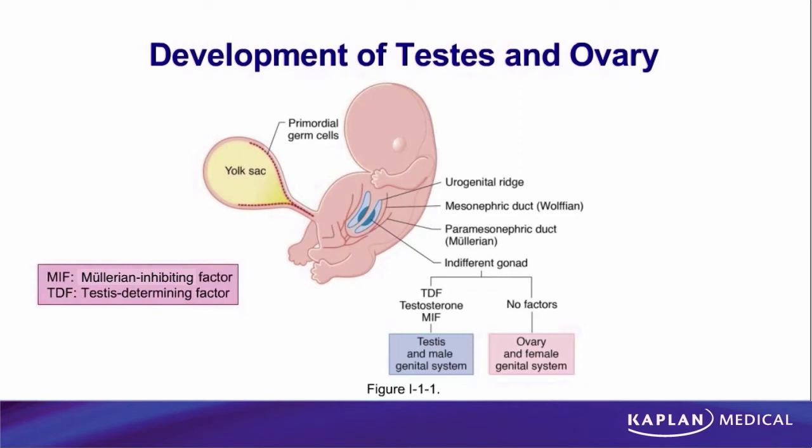Now, on this image, what we're looking at is a schematic of an early embryo of about 5 weeks of age or so, but the specific age of the embryo is not the important point. What we want to call attention to here are these two long ridges of mesoderm on the right and left side of the back of the abdomen.